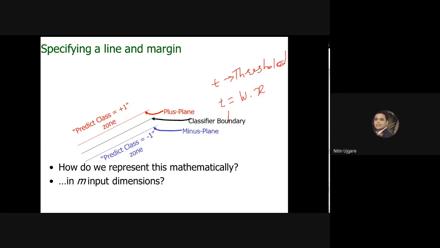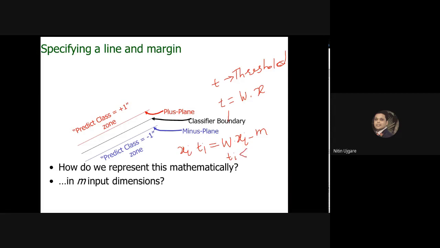So for example, for any input instance xi, let's say ti is the threshold, and it is equal to w into xi minus m. In this case, ti is the threshold value that we have calculated for xi.